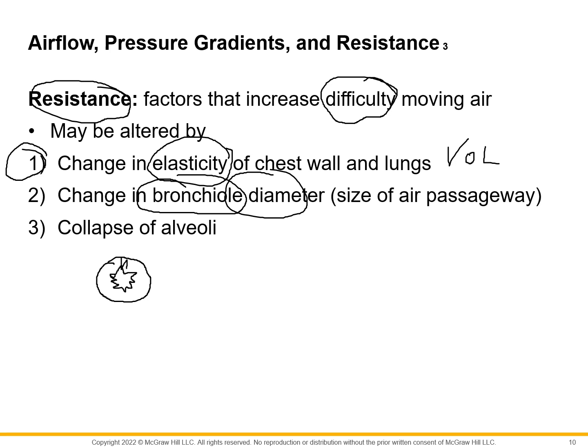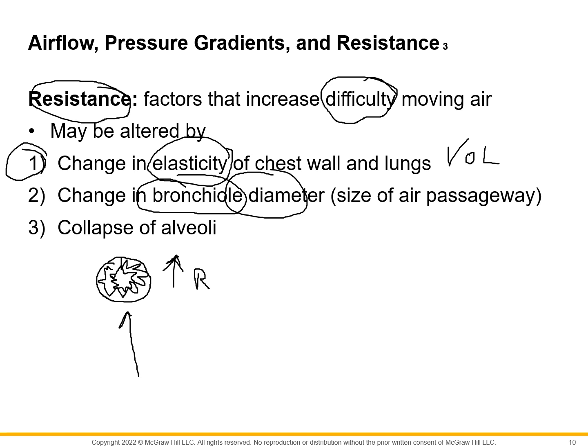So this becomes hardened, and the diameter of your bronchiole decreases significantly. If that diameter decreases, it increases resistance, because the airflow is restricted, right? So bronchoconstriction increases resistance.